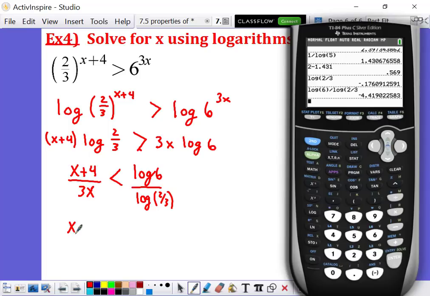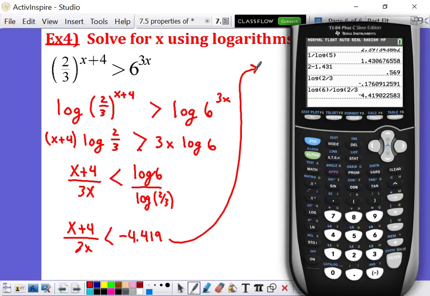So here's where we're at. We've got x plus 4 over 3x is less than negative 4.419. Okay, so let's move this up over here. So I'm going to multiply both sides by 3x. So I'm going to take that value that I have on my calculator, and I'm just going to multiply that by 3.